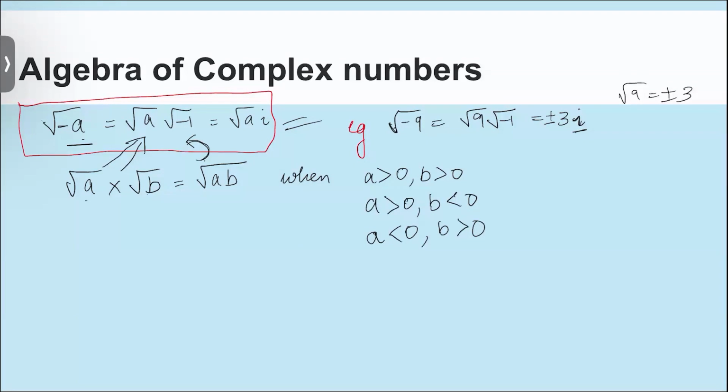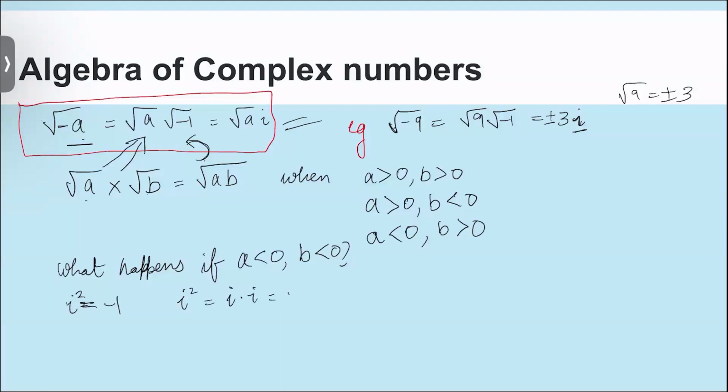So what happens if both the numbers are negative? For example, let's take the most fundamental form that we have. We know that i squared is equal to minus 1. So i squared, you can write as i into i, so you have root of minus 1 into root of minus 1.